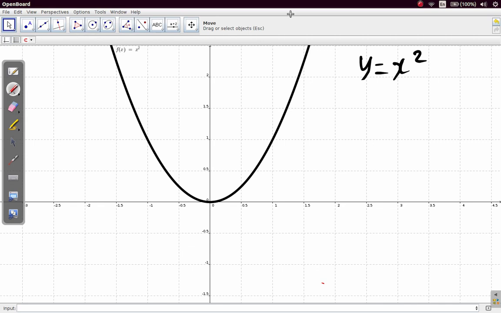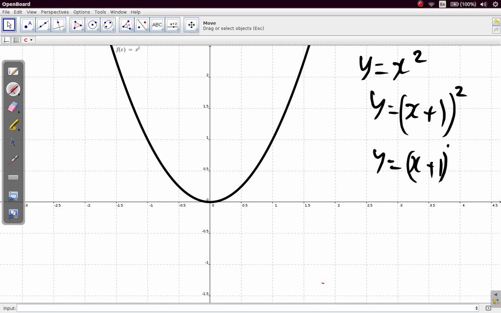Let us look back at y equals x plus 1 squared before we look at y equals 2 times x plus 1 squared. So y equals x plus 1 squared again.